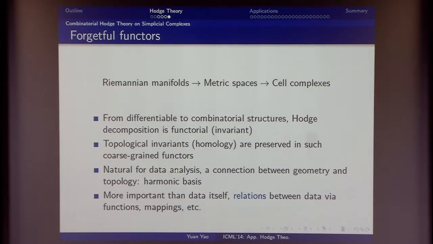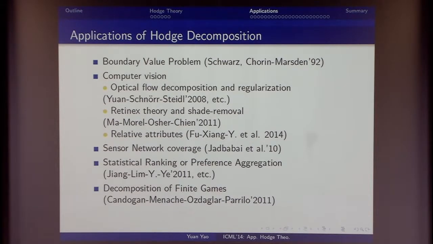So we don't need those highly sophisticated structures, but with cell complexes, it is very natural fitting for data analysis. So we expect this kind of property may make Hodge theory appear in various kinds of applications.